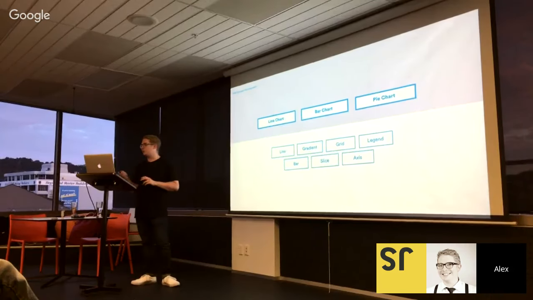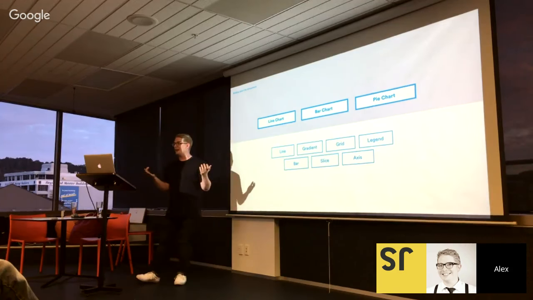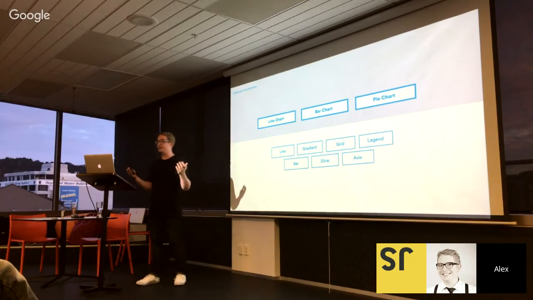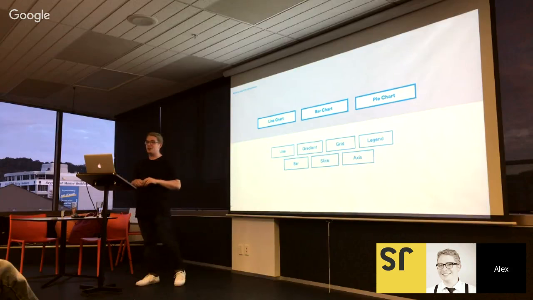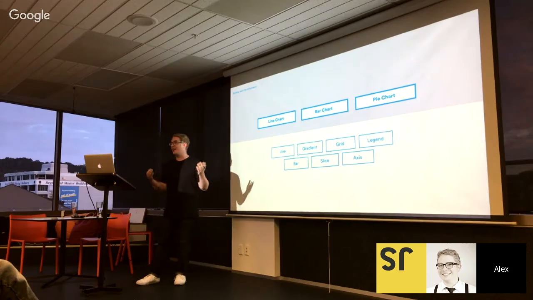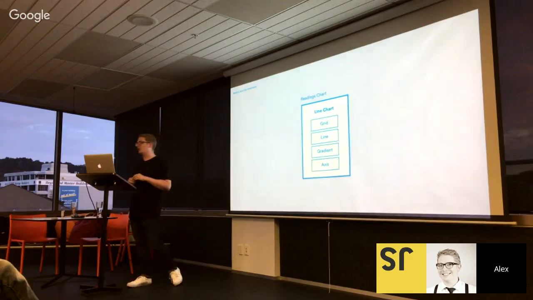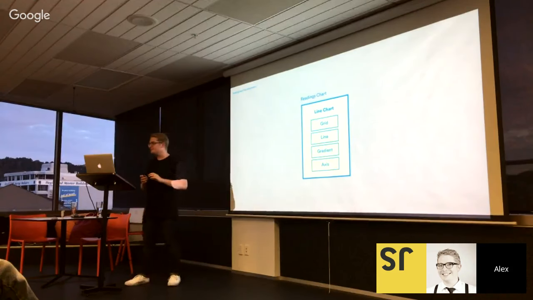So it was possible to create a way of composing these charts by letting a developer do whatever they wanted. I mean, if they really wanted to put a line inside a bar chart, they could put the line in and it would at least get the right maths. It might look terrible, but they could do whatever they want. And that chart, the chart that I was trying to build, ended up looking like this.